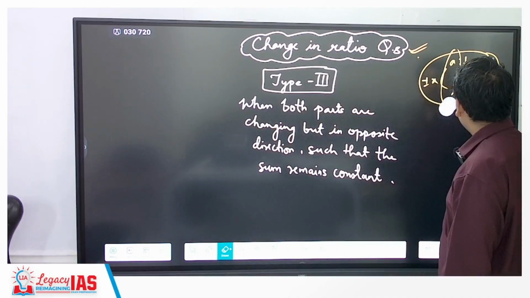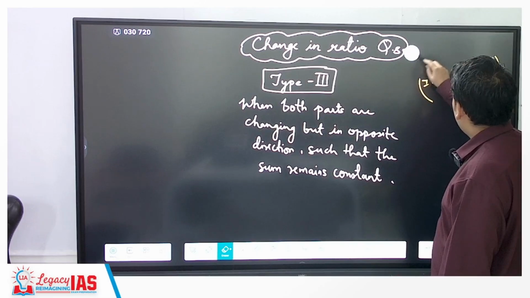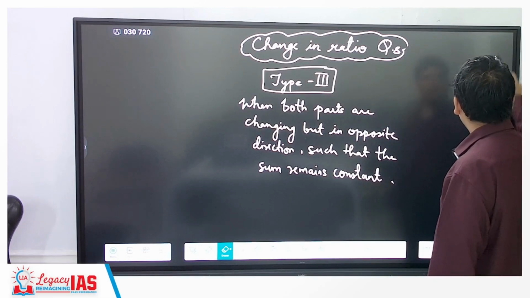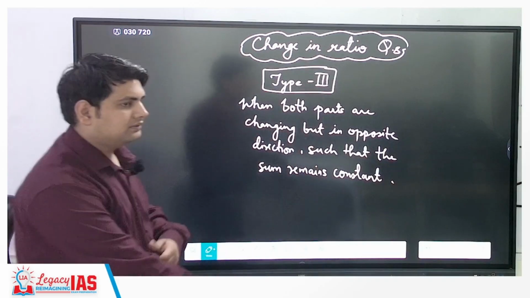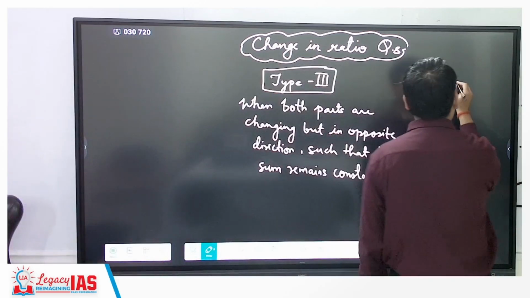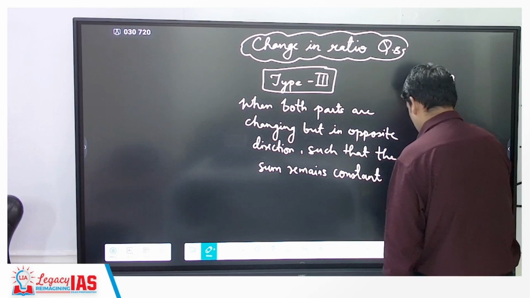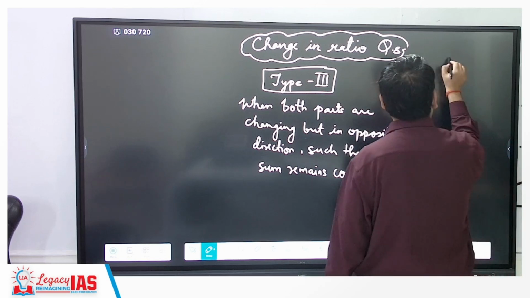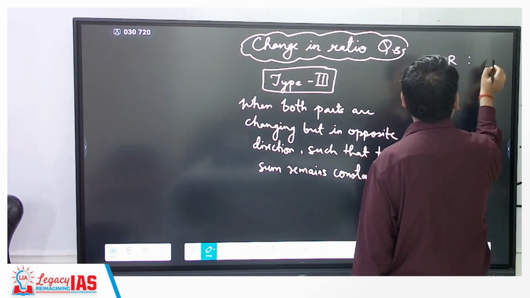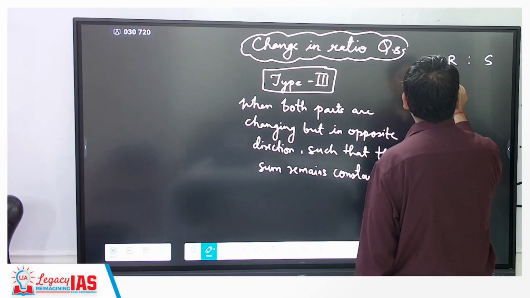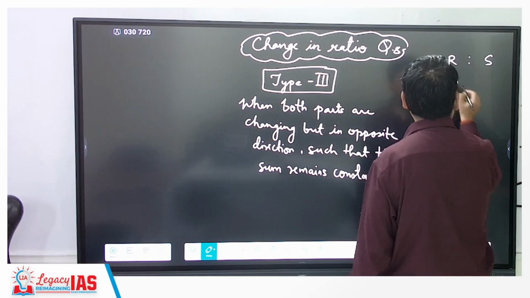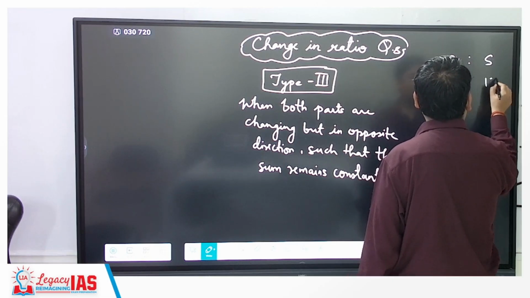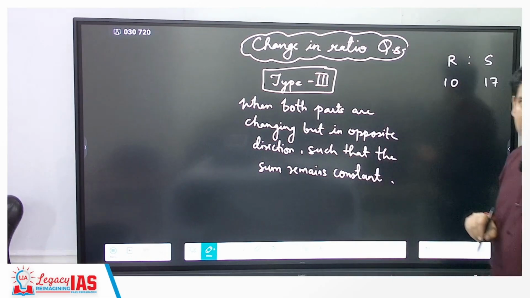Now we get to part 3. Now see carefully. What happens in this is, let's take one example. This is Ram, this is Shyam. Now Ram has, let's say, 10 pens and Shyam has 17 pens.